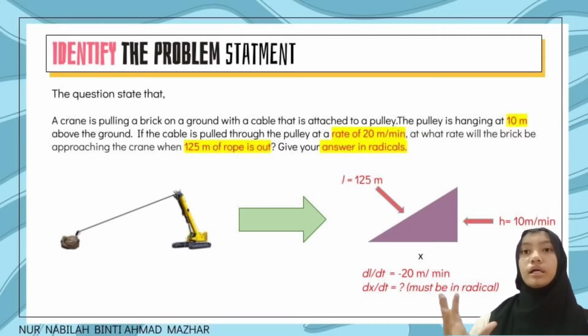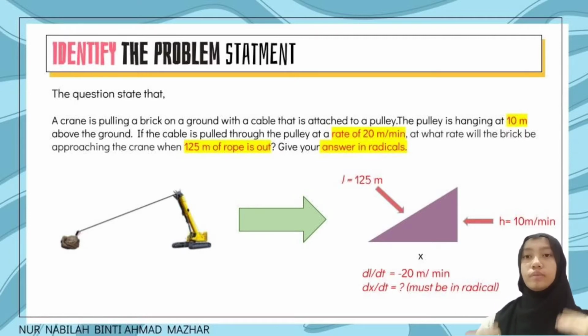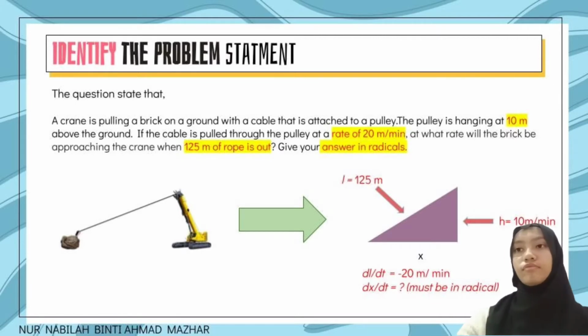Okay. If we do not understand clearly, we cannot imagine the structure. We can draw a triangle to represent the crane and the brick, the condition. So let's look at the triangle. We can just fill the data from the question into the triangle. So we know that x is unknown and dL/dt is negative 20 meter per minute.